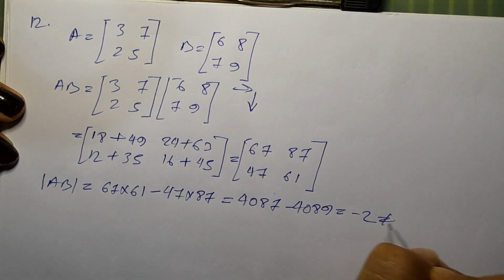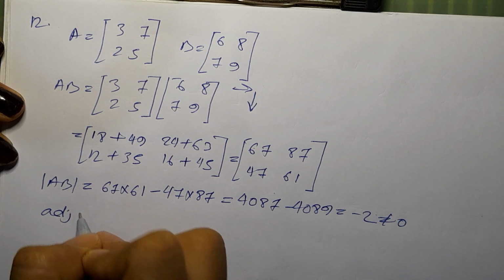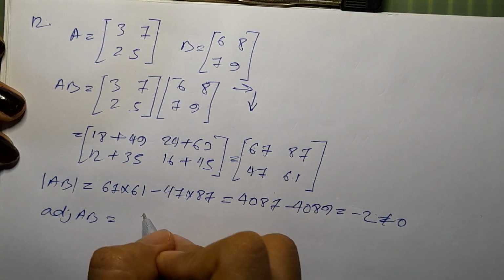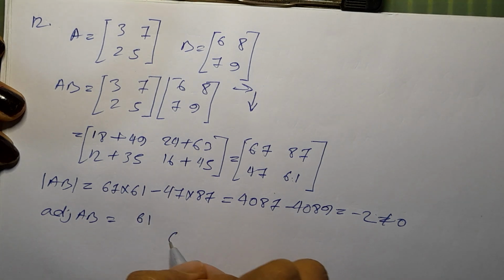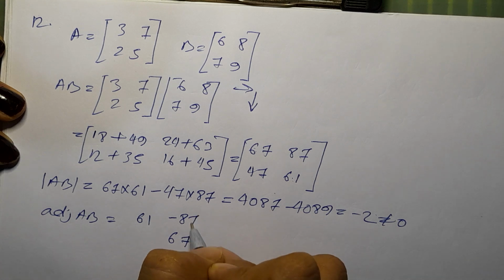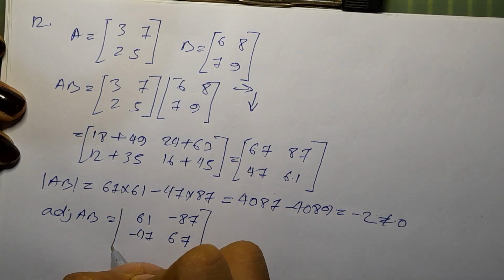That's not equal to 0, so we have the inverse, so we need the adjoint of AB. Interchange the diagonal, that is 61, 67. The sign will be negative for the others, minus 87, minus 47. So this is the adjoint.